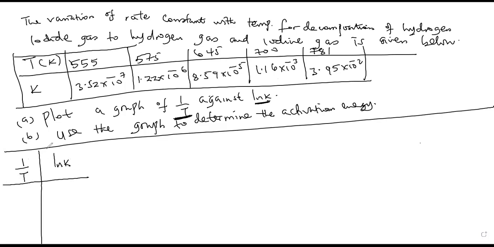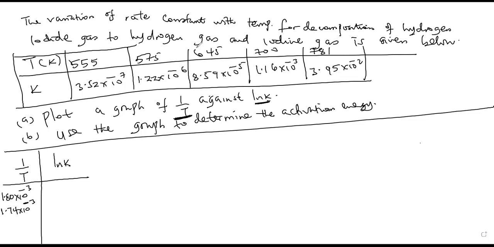Allow me to put the values. So when we take 1/T of this, 1/555 on a calculator, it is going to give you 1.80 times 10 to the power negative 3. Then 1 over the next one gives 1.74 times 10 to the power negative 3.